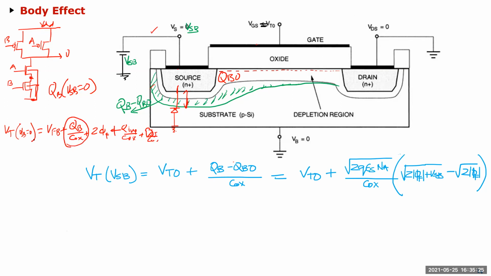So we applied a certain voltage to get this QB such that the surface potential φs is equal to 2φF. And now it's counterintuitive.